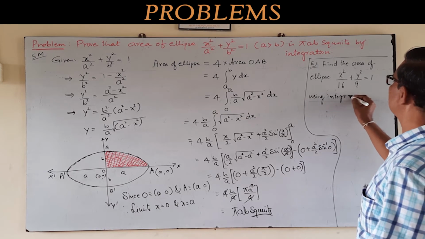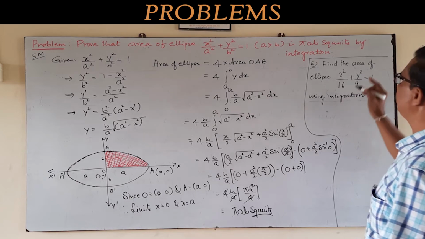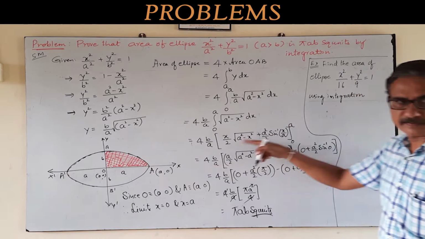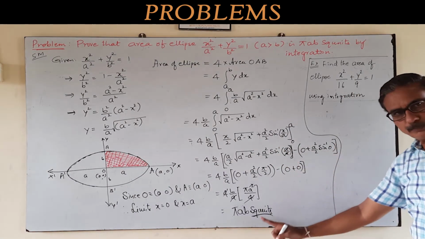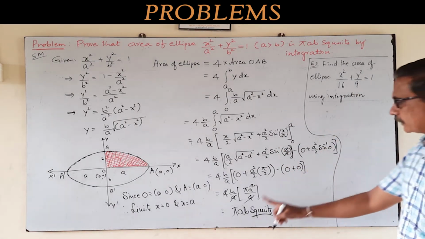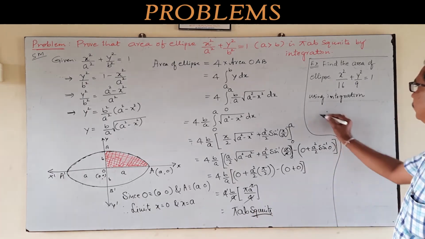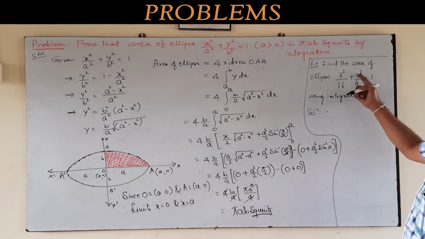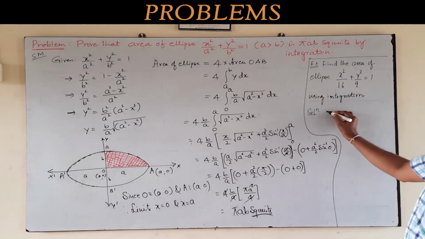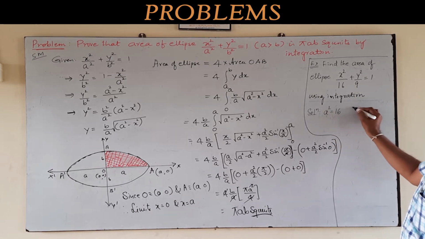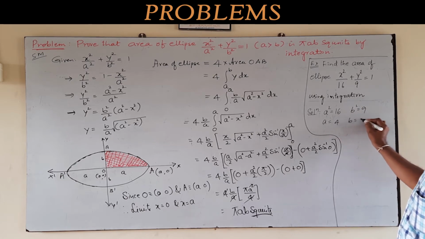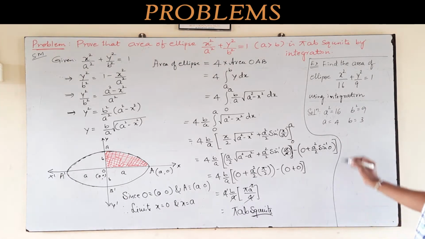Instead of the general value, they give particular values. How to solve? First prove the general result, then substitute the values of a and b. Now here it is in the form x square by a square plus y square upon b square is equal to 1. Here a square is 16, b square is 9, a value 4, b value 3. We got a and b values.